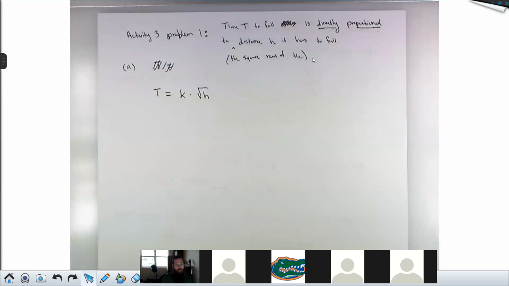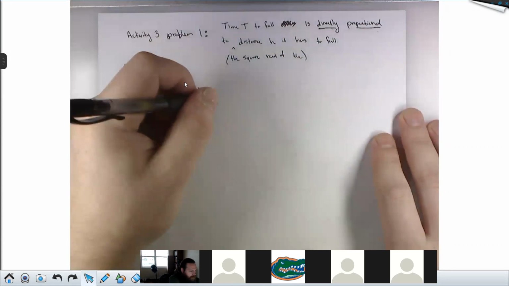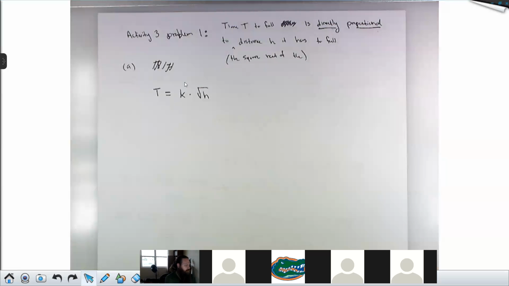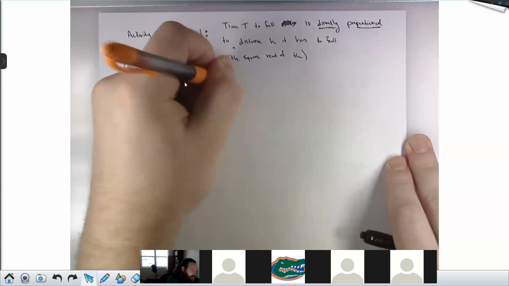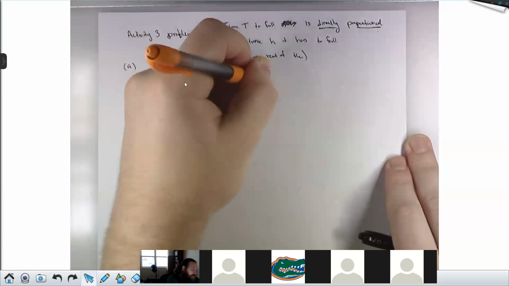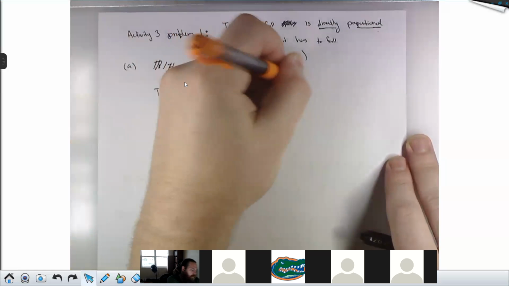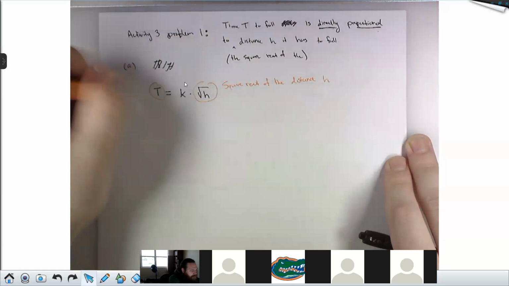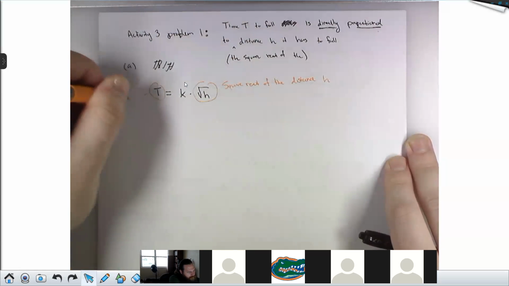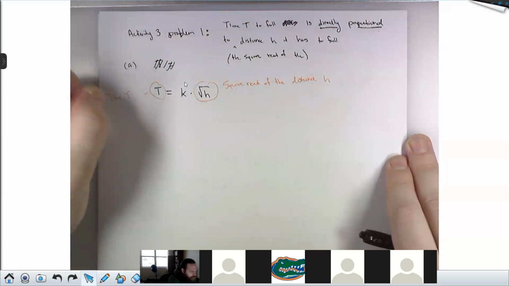So the square root of the distance h is root h, and this is the time t it takes to fall.